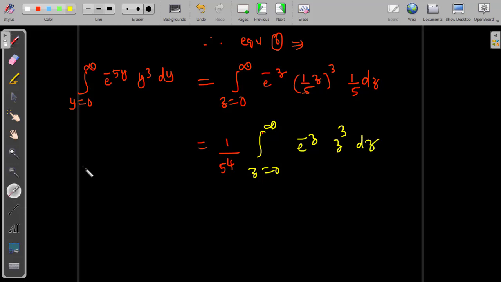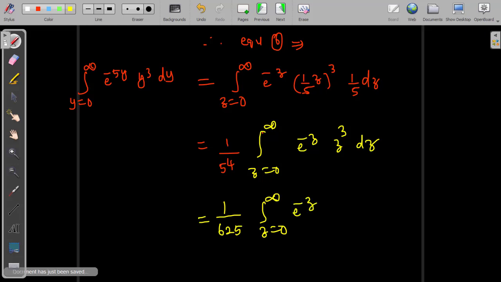I repeat, z power 3 I have written here, e power minus z. These constants I have written outside. By adding, bases are equal, so we add powers. This is 5 power 4, so 5 cube means 125, and 125 times 5 means 625, z from 0 to infinity.